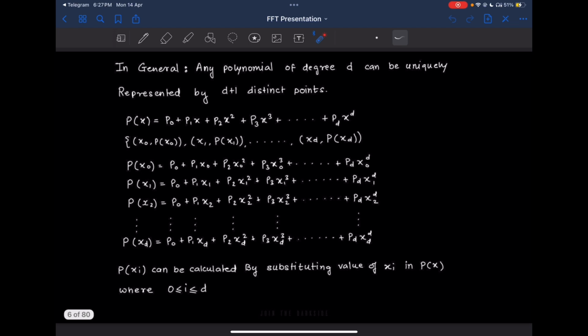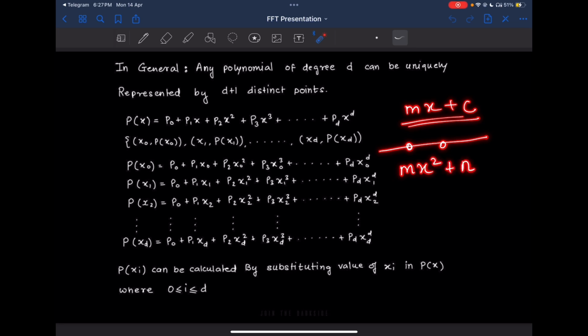Now, in general, I can say that any polynomial of degree d can be uniquely represented by d plus 1 distinct points. As I said, a straight line is in the form of mx plus c, a 1-degree polynomial uniquely represented by 2 points. Similarly, a 2-degree polynomial can be uniquely represented by 3 points, right?